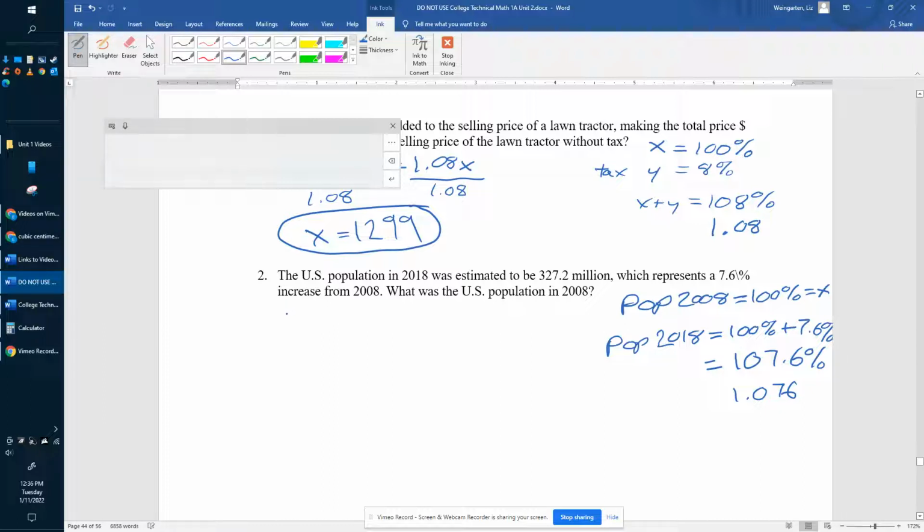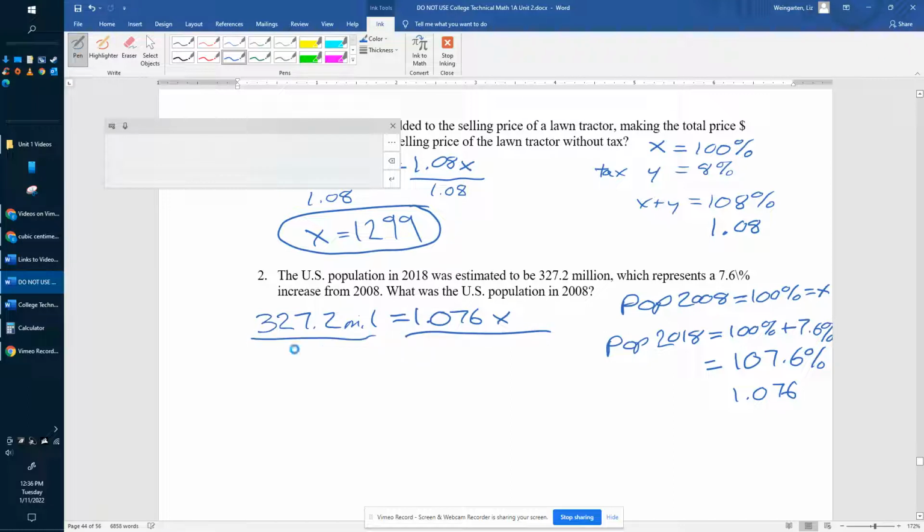What is the US population in 2008? So we know that the 2018, the new, is 327.2 million equals 1.076, whatever it was in 2008.